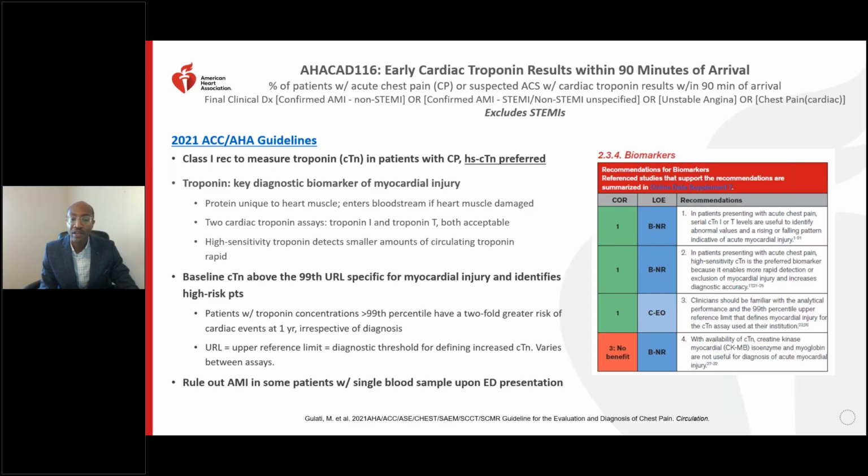And with these high sensitivity cardiac troponins, not only is it important to know what the upper limit of normal, or 99th percentile, is, it's also important to know what a significant delta change is and what the coefficient of variation is as well, so that you can be sophisticated with the clinical management based on your troponin results specifically.